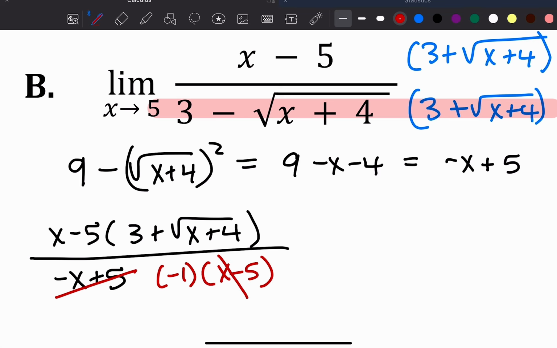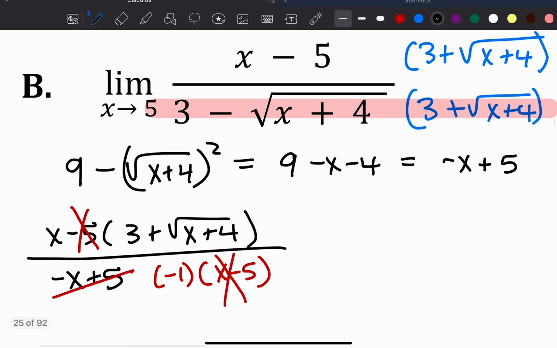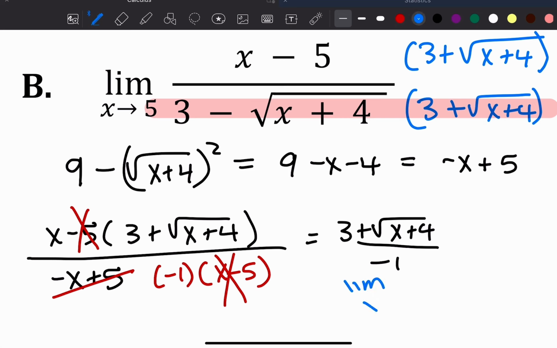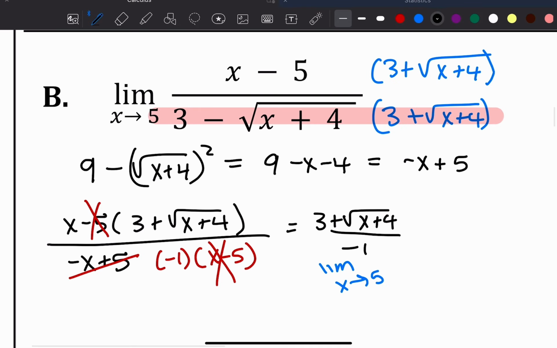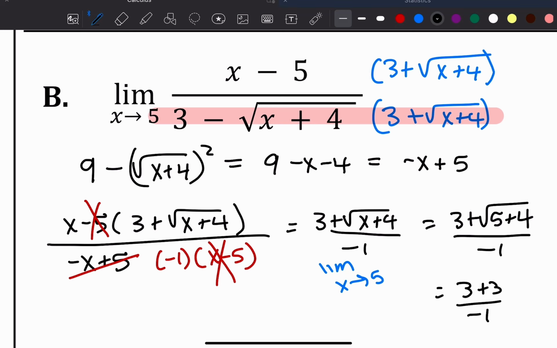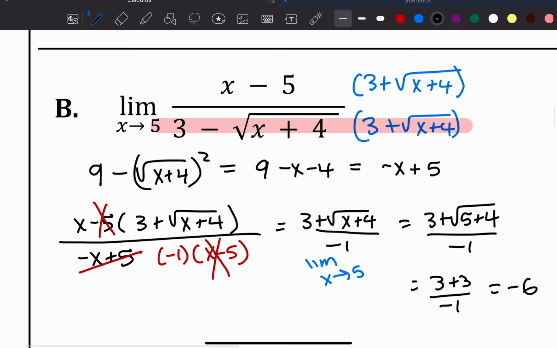That way I can cancel out the x minus 5, and I'm left with 3 plus square root of x plus 4 over negative 1 as the limit as x approaches 5, which means I have 3 plus the square root of 5 plus 4 over negative 1, which is 3 plus 3 over negative 1, which is negative 6.